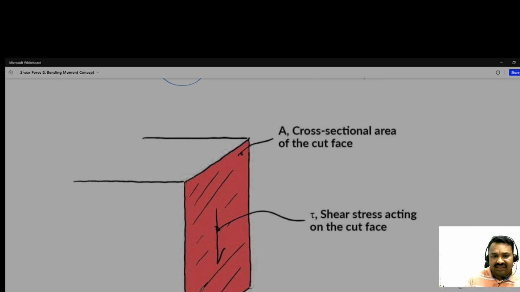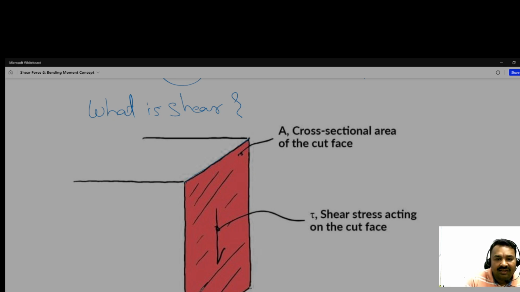Now, what is shear actually? Our query now is, what is shear in the beam? Suppose this is the surface.